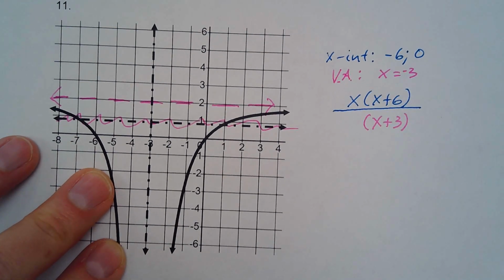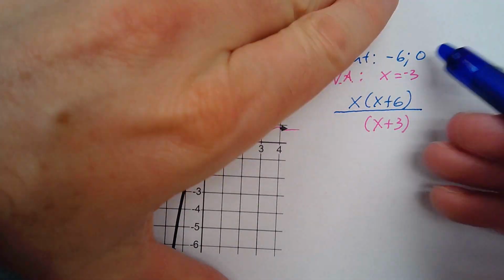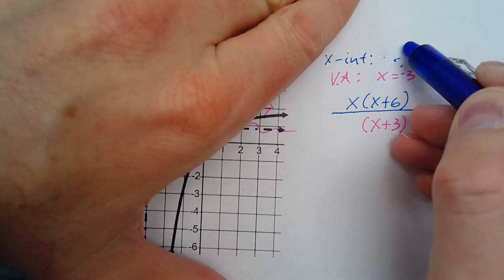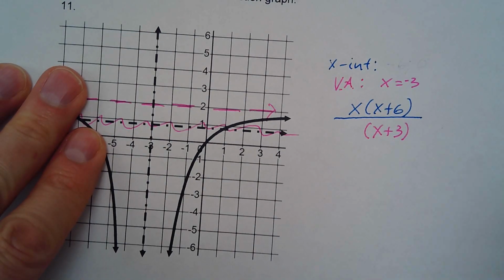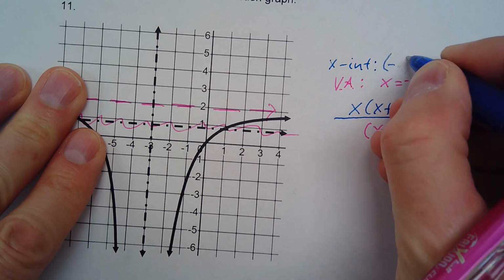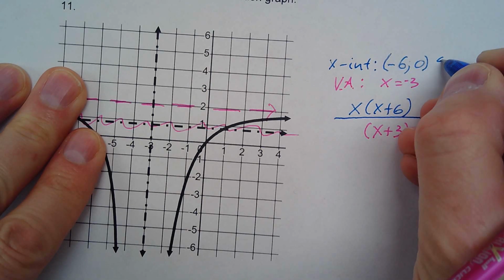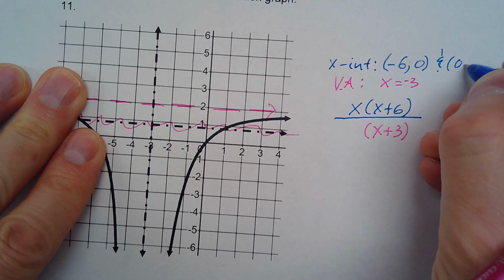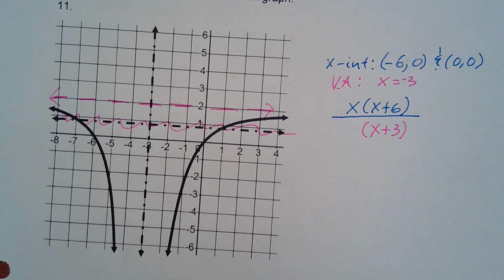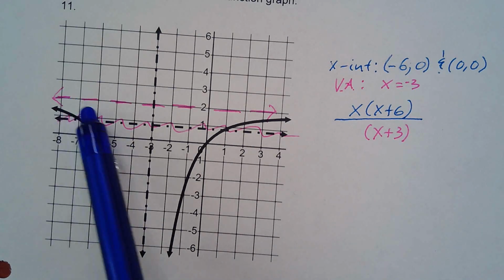So we're almost there. And let's be consistent because Alex always labels these as points. So I'm going to rewrite them that way. Make the Alex gods happy. Now, we do have a horizontal asymptote.